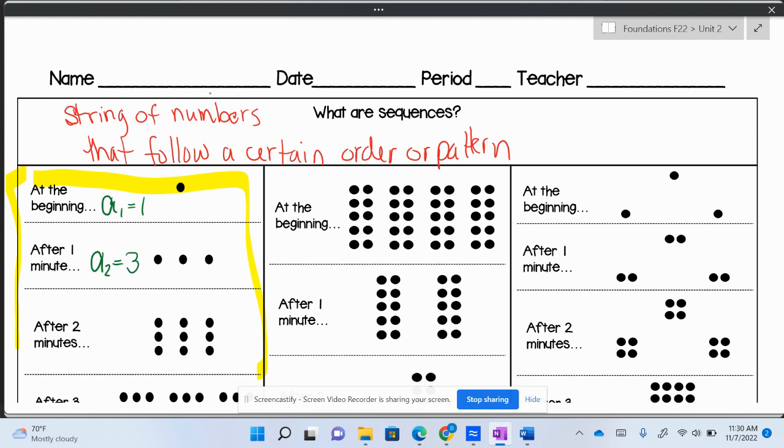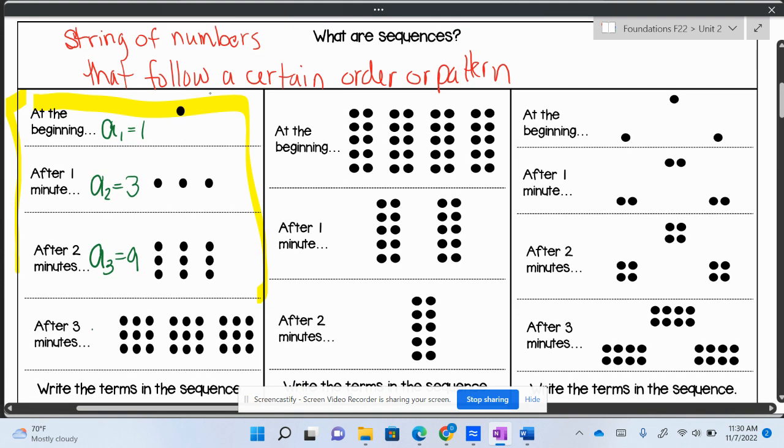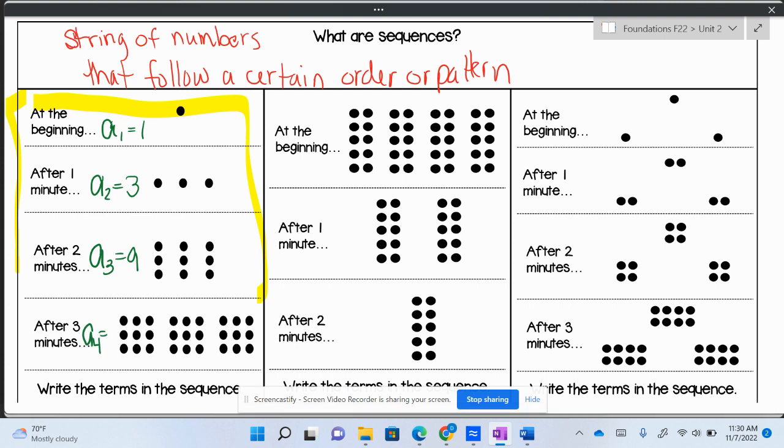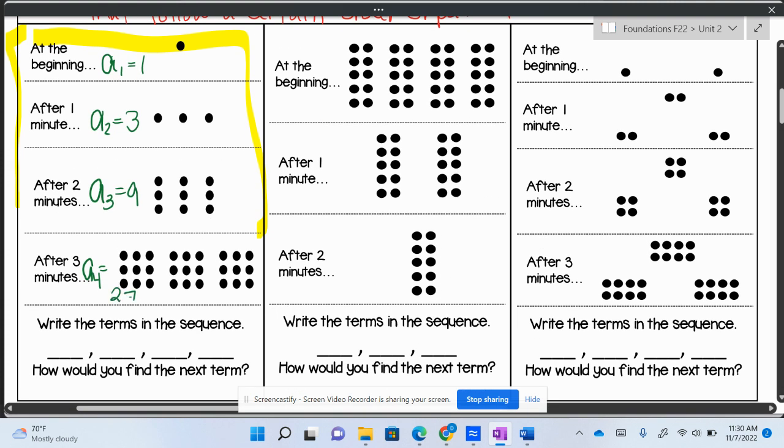After 2 minutes, which is going to be a to the third, my next term, how many points are there? 9. After 3 minutes, so a to the 4, how many points are there? 27. So the question says, write the terms in the sequence.